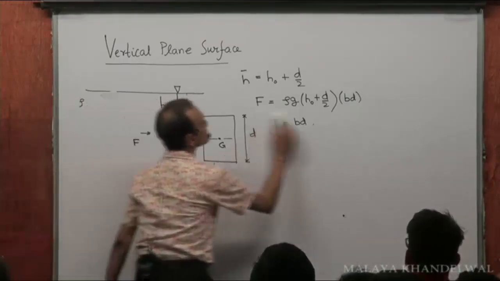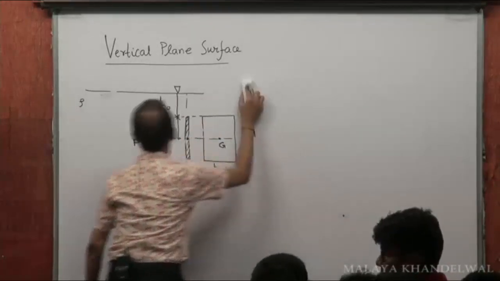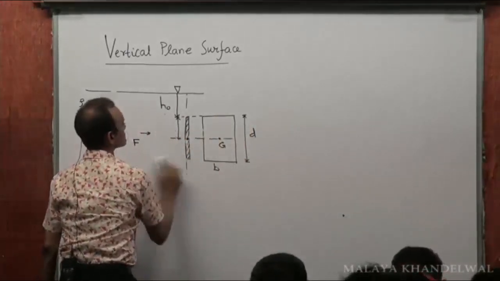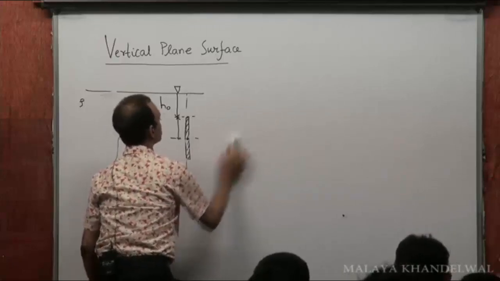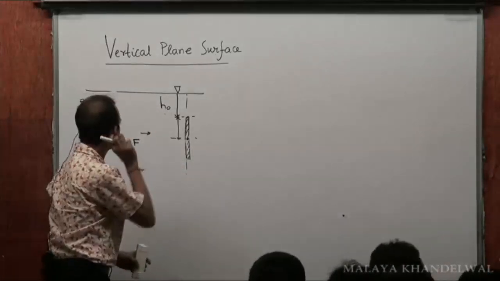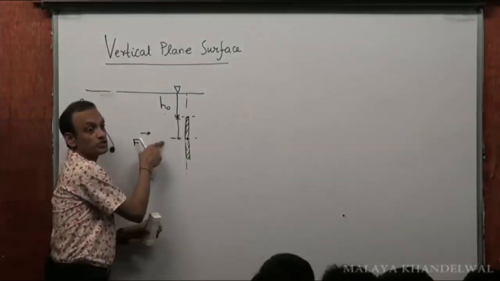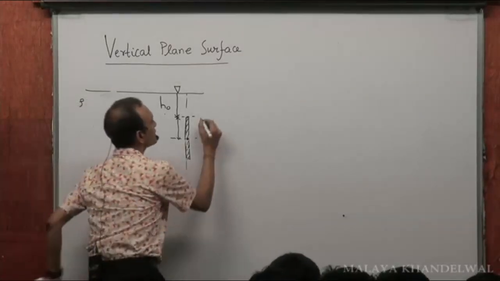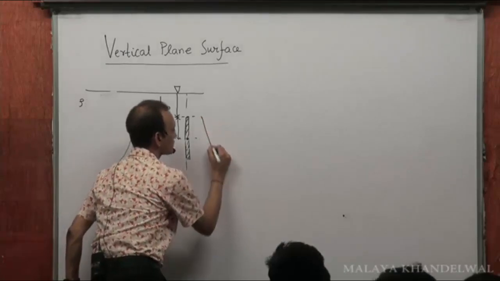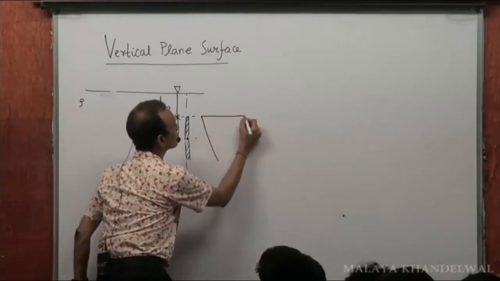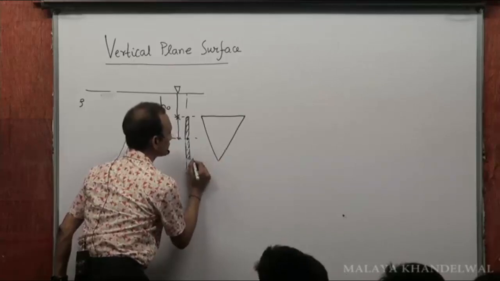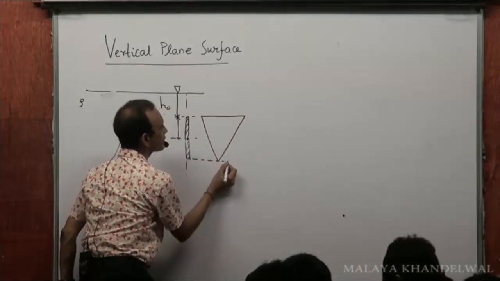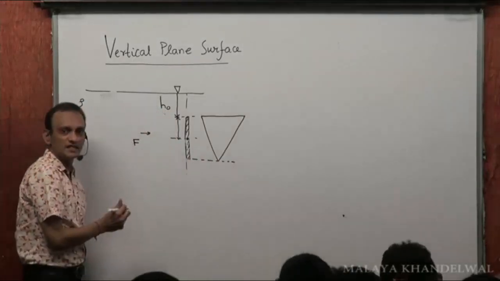Okay, suppose I have, instead of this, say, when you see from here, you see a triangle, say an inverted triangle. That's the surface you're seeing.